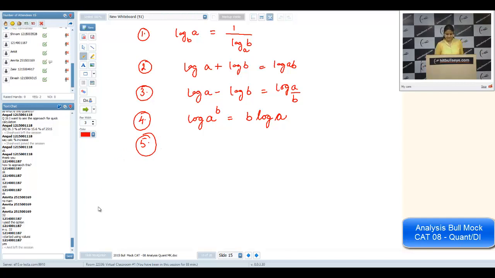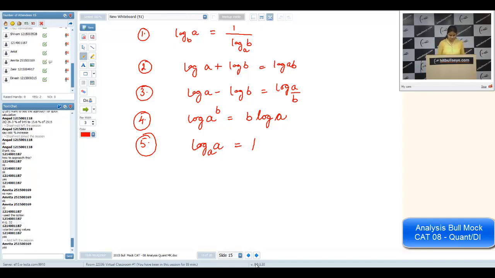Is there any property left? Yes, log A with base A, that is always 1. Is it okay, Amrita? These are the properties I'm going to use. Now come to the question.